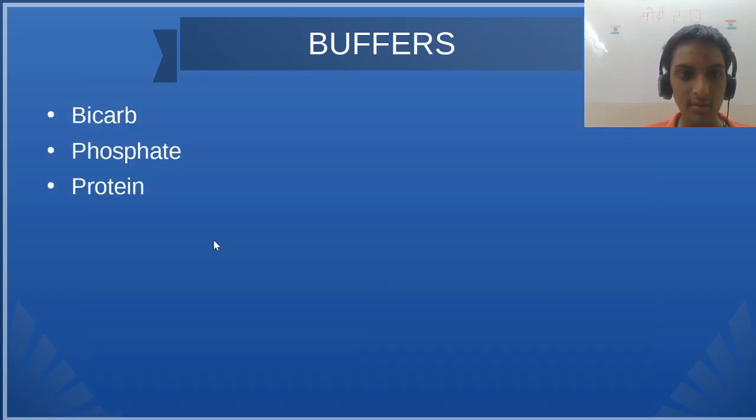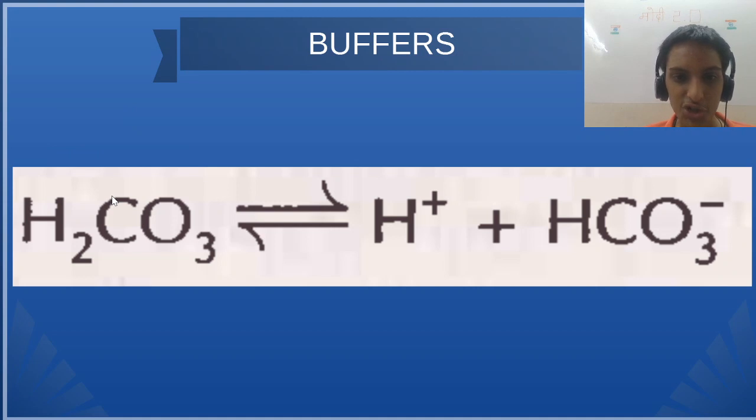So let us see the buffers. We have the bicarb, phosphate and protein buffer. This is to show you the bicarb buffer. We have a weak acid, carbonic acid, and the conjugate or strong base, bicarbonate ion. This is how the dissociation is.